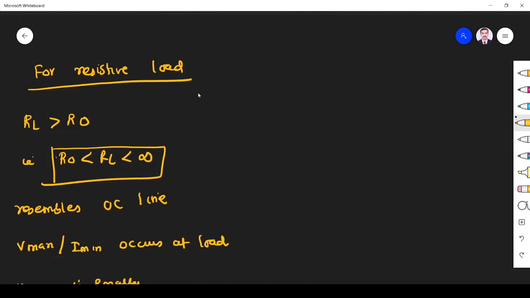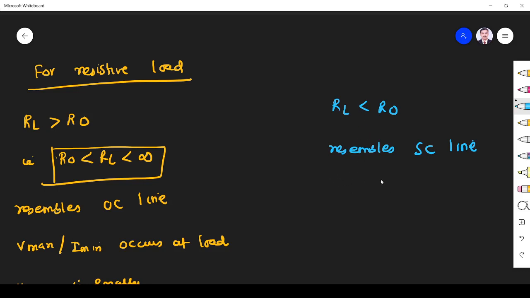Next, suppose the load resistance RL is less than R naught. Then it resembles a short circuit line.